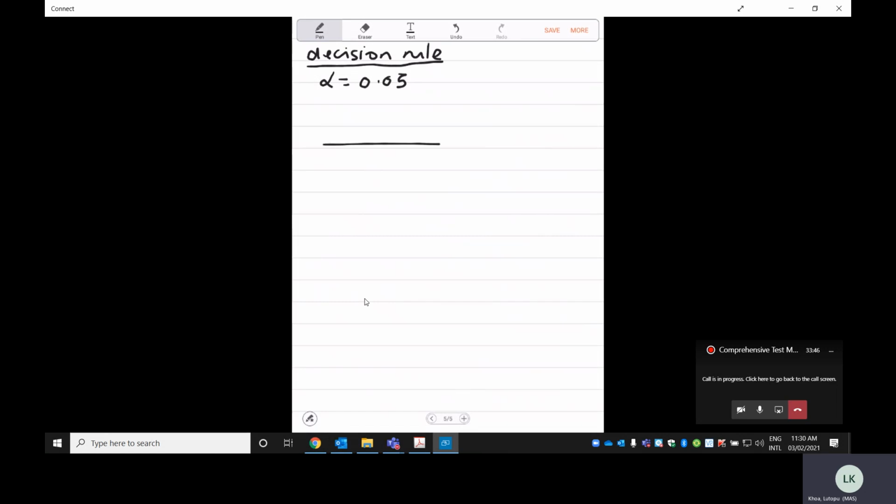So you know our T table looks like that. So it's a one-tailed on the left. So this is our rejection region. That's our rejection region. Okay, and this area must be equal to 0.05. So what we do is we look for t of 0.05 and 11 degrees of freedom, and because it's on the left of 0, we'll make it negative. Okay, so let's go to our table.